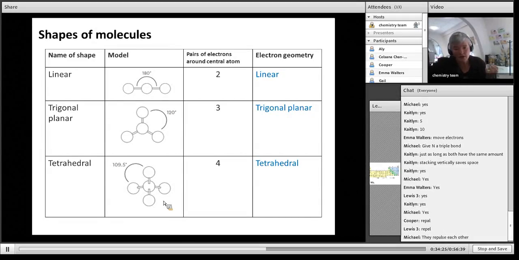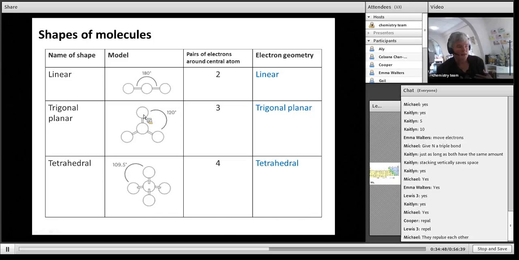For instance, linear: I've got 2 areas of negative charge, and the electrons repel each other as much as possible, so the molecule is arranged in a linear shape with a maximum bond angle of 180 degrees. Because if they try and get away further down here, it's getting closer on this side. And the same thing over here.